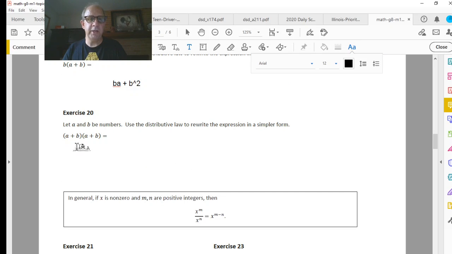If I complicate it even more, you've got to do everything in this parentheses times everything in this parentheses.